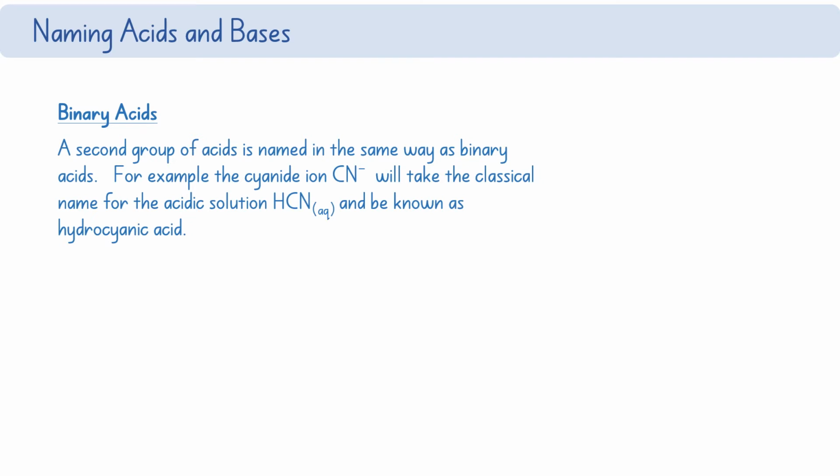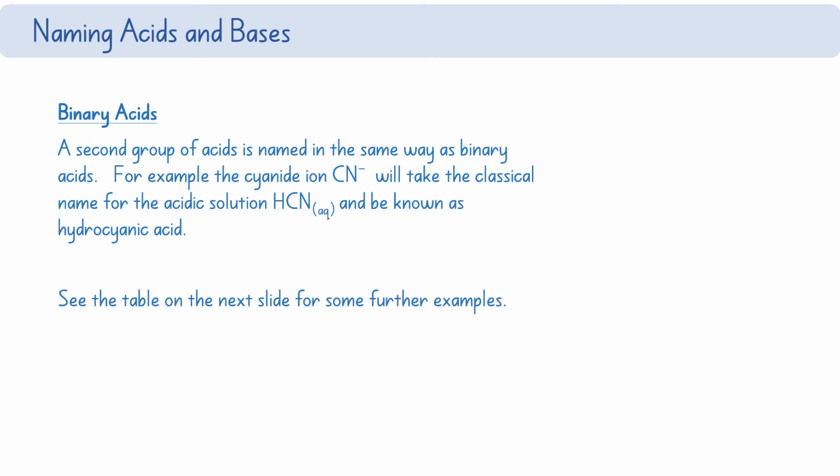A second group of acids is named in the same way as binary acids. For example, the cyanide ion CN- will take the classic name for the acidic solution HCl aqueous and be known as hydrocyanic acid.